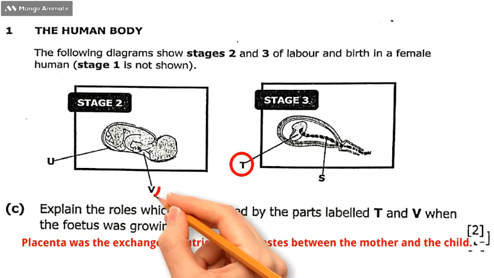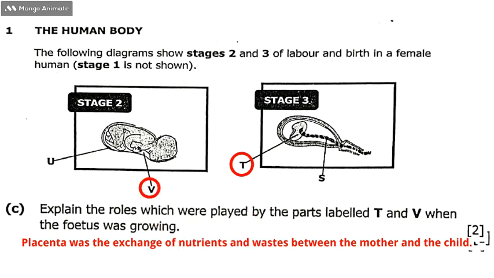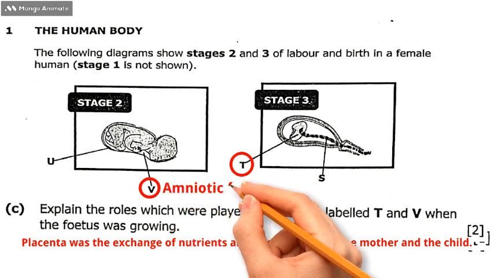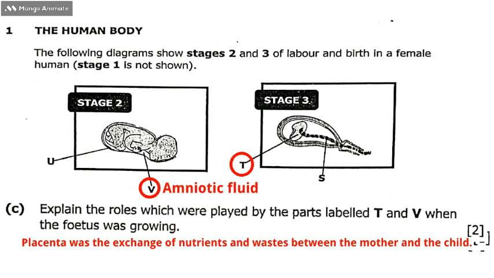V, what was the function of V when the child was growing up? So V, that is amniotic fluid. So the function of amniotic fluid when the child was growing up was acting as a shock absorber. It was absorbing mechanical shocks from maybe the bump or the falling of the mother.